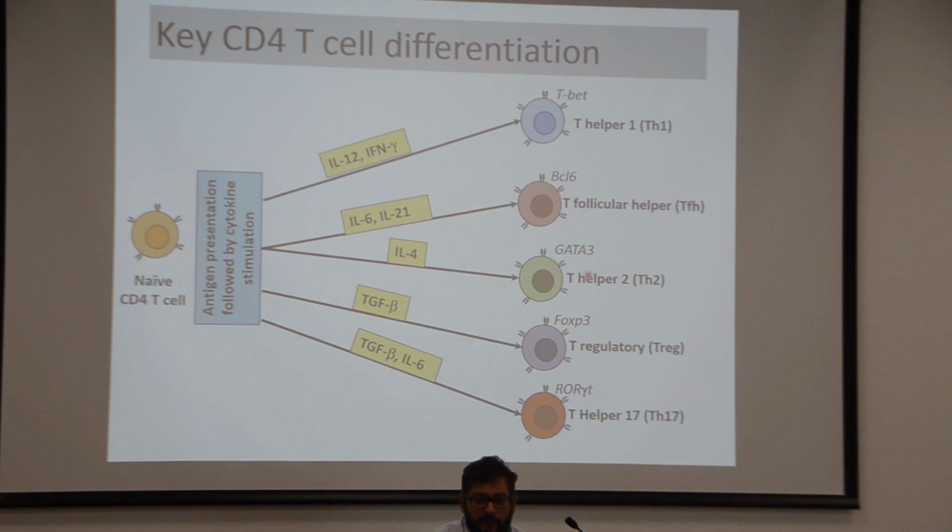You have the T helper 2s, that of course we just discussed, induced by IL-4. You have the regulatory T cells that are inhibitory. They need to shut down the immune response. And you have T helper 17 that are known to cause chronic inflammatory responses. And interleukin 17 is one that is known to bring waves of neutrophils back in.